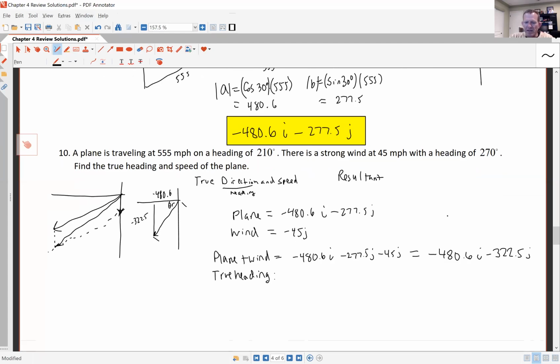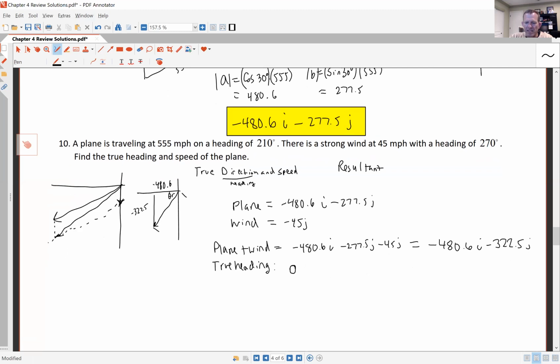So we see that the reference angle theta, tangent of that angle is 322.5 divided by 480.6.